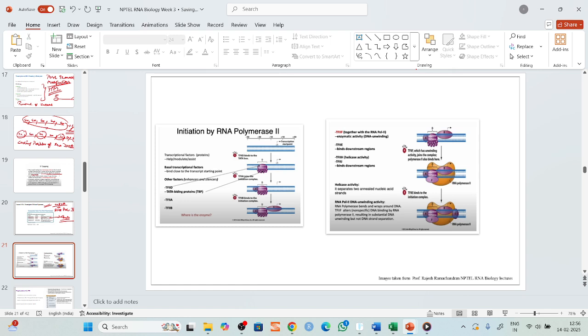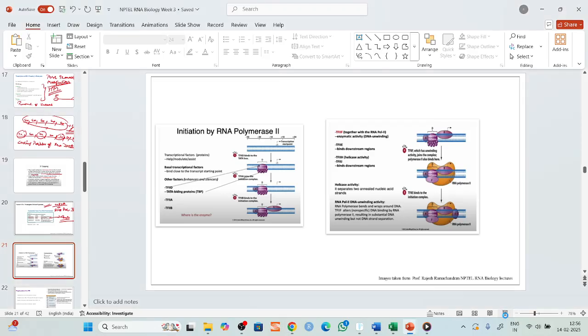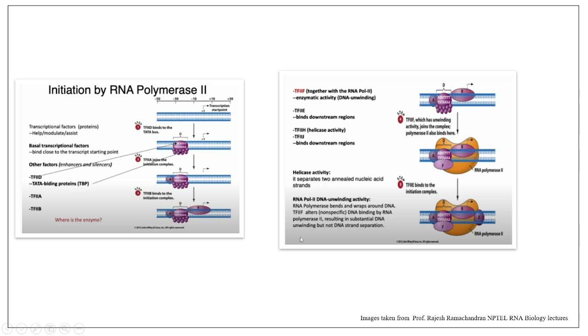Here you see the different kinds of transcription factors required when we're talking about eukaryotic initiation.